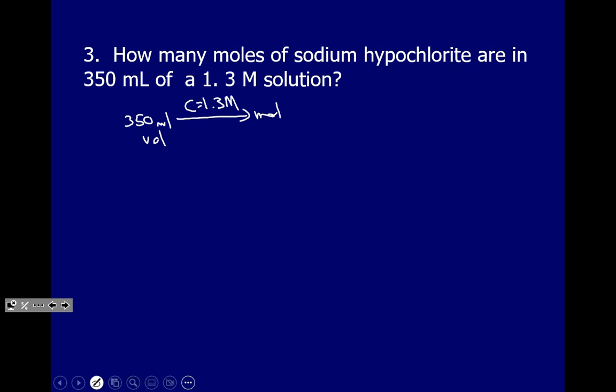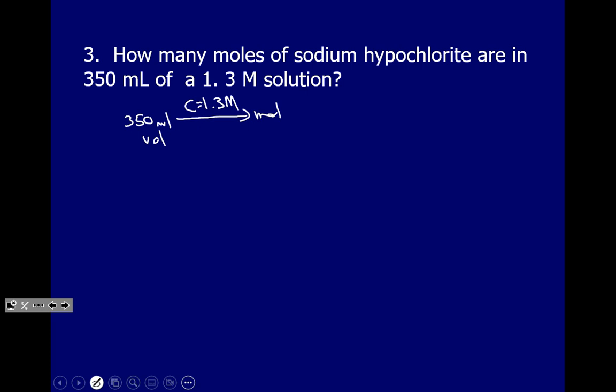Now, let me just talk a little bit about why that's different. A molar mass depends on what the identity of the chemical is. If it's sodium hydroxide, I need the formula of sodium hydroxide. I use my periodic table, I get the molar mass. But the concentration of a solution in a jug is not dependent on what the substance is. It's dependent on the scientist who made the solution.